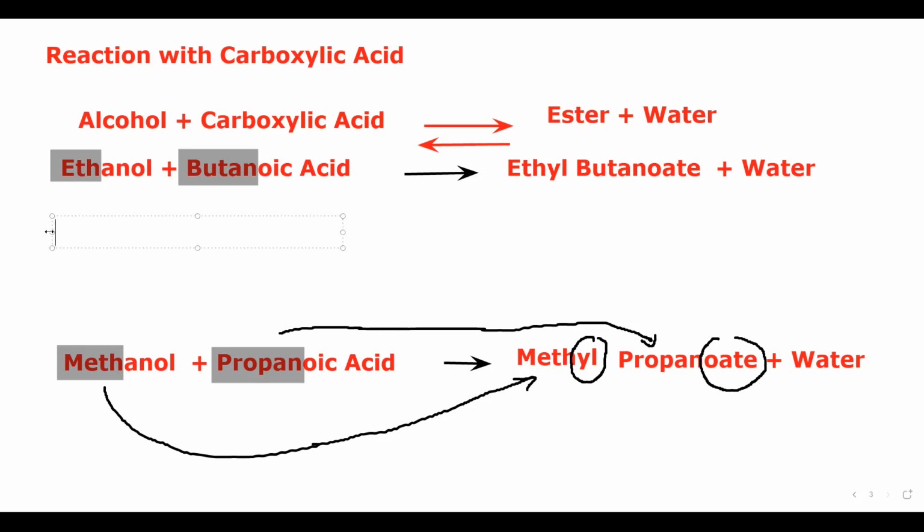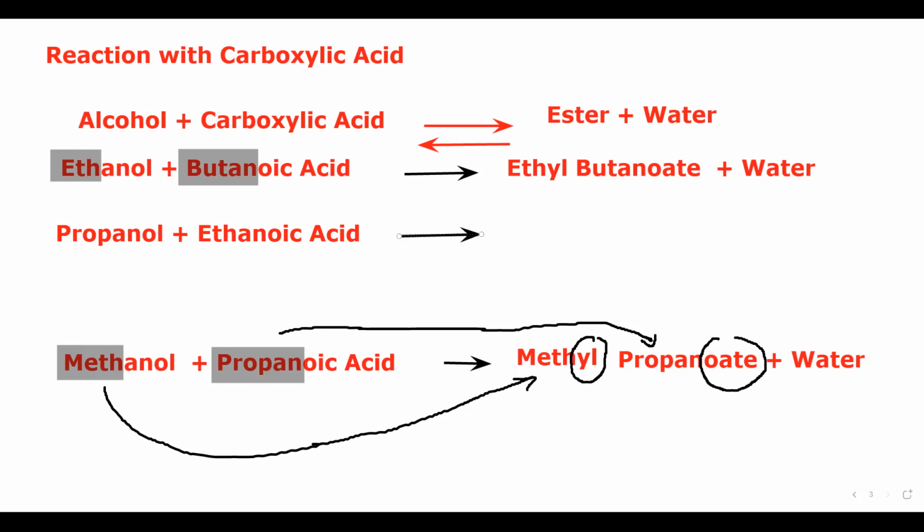Another example, if I say propanol plus ethanoic acid. So propanol plus ethanoic acid, we have to name the ester formed. So how to name the ester formed when propanol reacted with ethanoic acid?